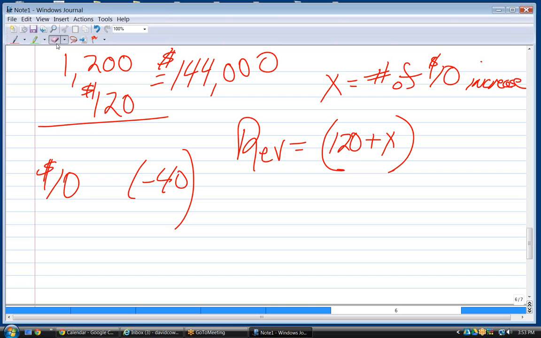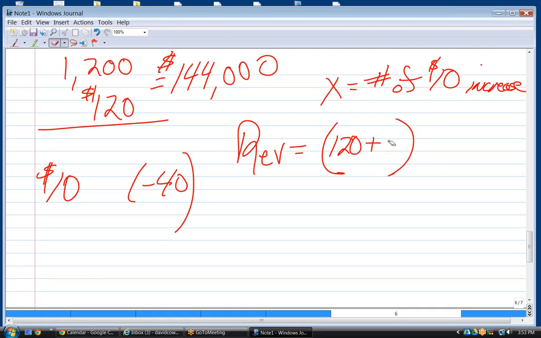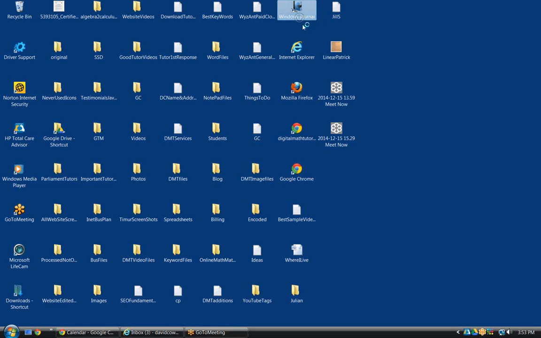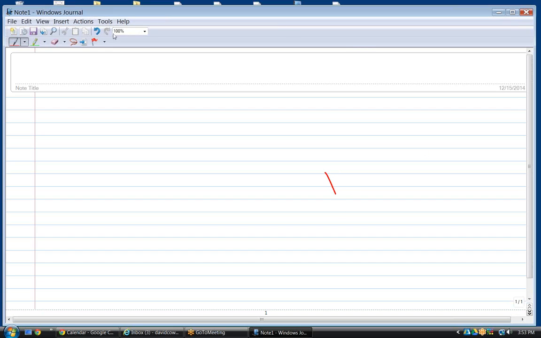It's the new price of the ticket. Hold on. The new price of the ticket is going to be 120. Excuse me, I've got to erase this and bring up a new one. All right.